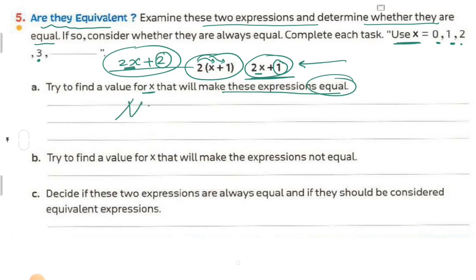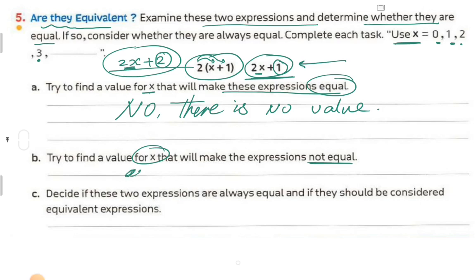Try to find a value of x that will make these expressions equal. No, there is no value that will make these expressions equal. Now find an x that makes them not equal.